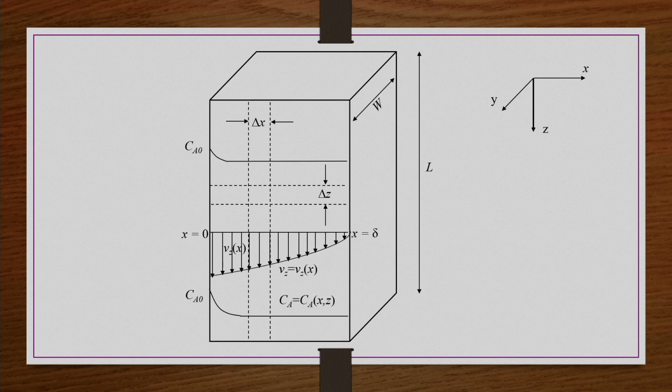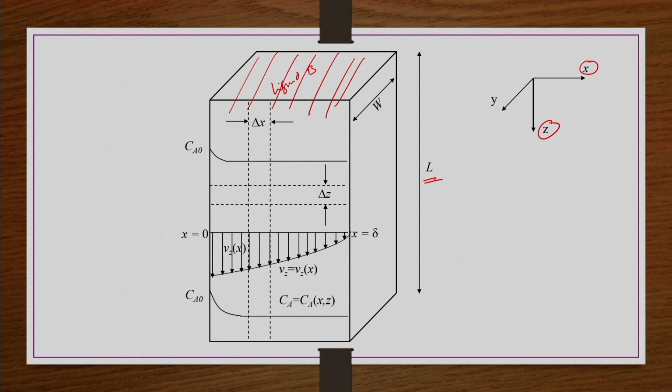Okay. So now pictorially, a three-dimensional projection is shown here. The horizontal axis is x, the vertical axis is z, right. The height of the column is L, the width of the column is W, along which the material is flowing down. That B liquid is falling like a film here, right.